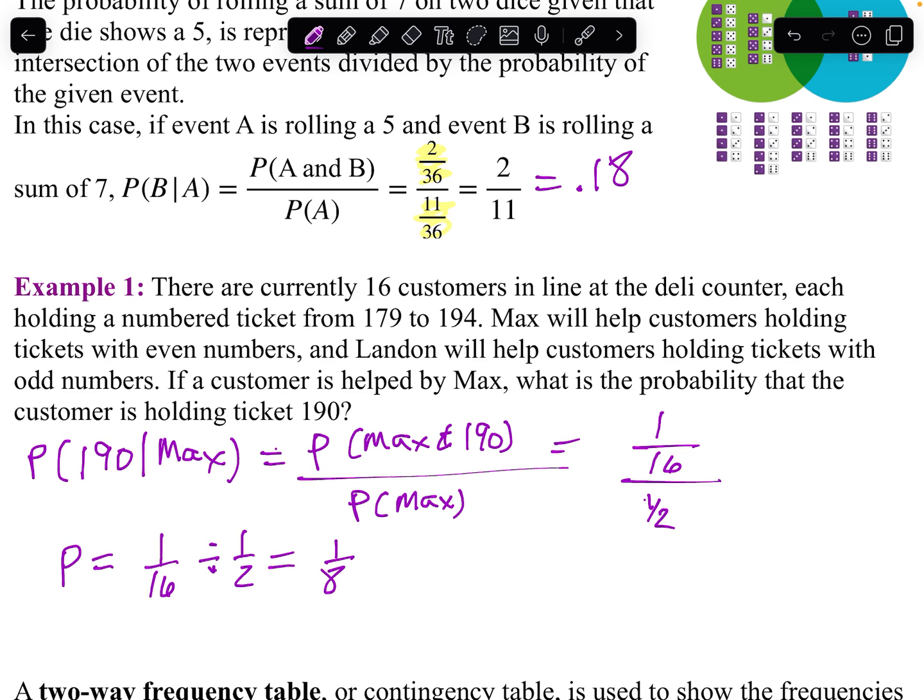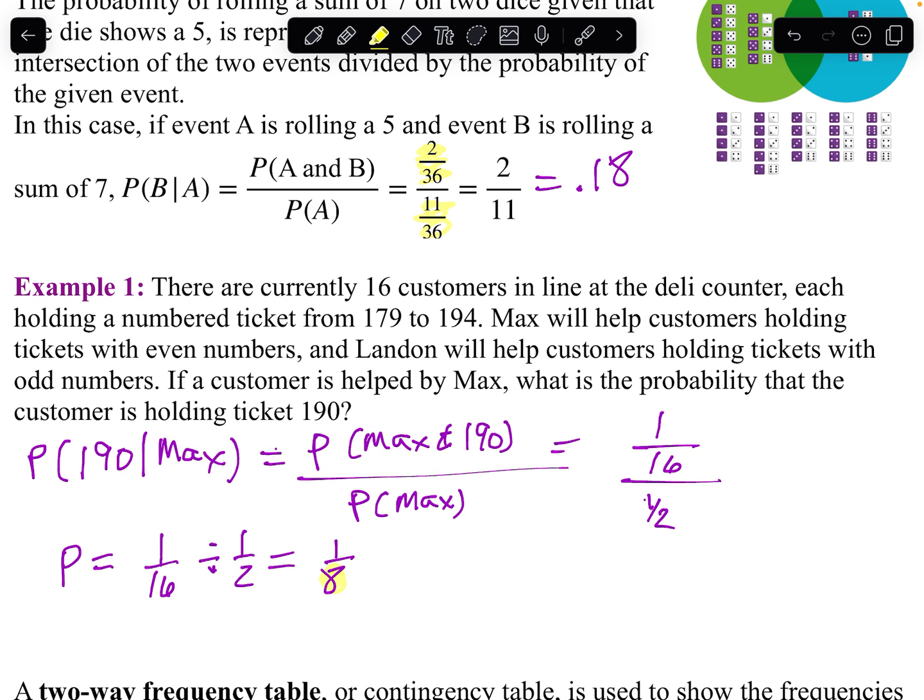You can also just use some common sense. That, hey, if max is going to help, I only have a sample space of 8, don't I? Because he only does 8 of them. So that's where the 8 actually comes from. And then out of those 8 tickets, how many of them are even? Or, sorry, even. Let's try again. Those are the even tickets. There are 8 even tickets.